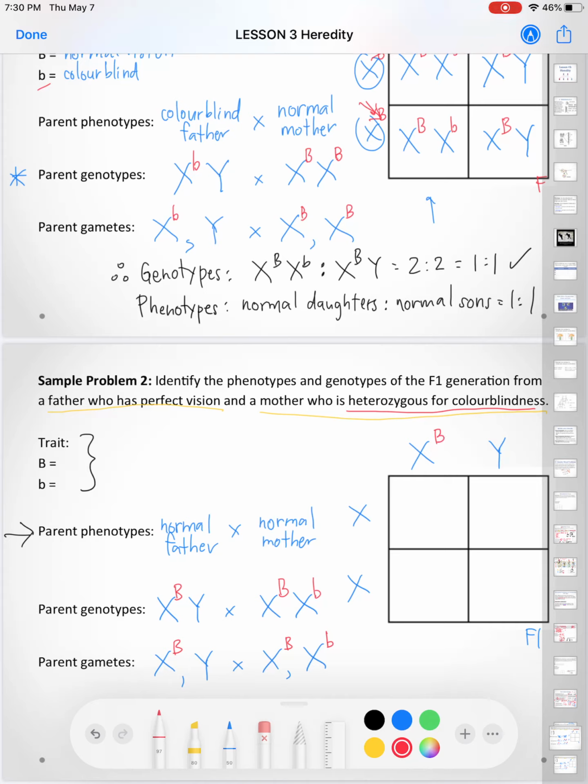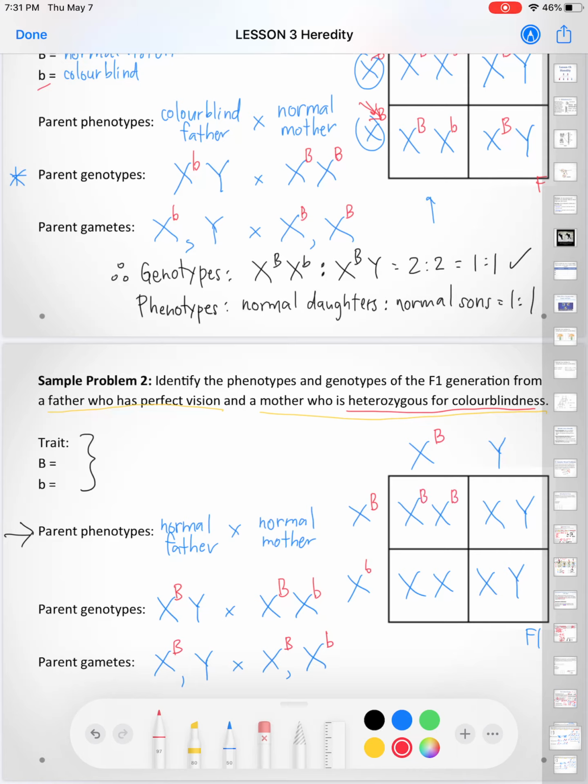So the father is healthy, the dominant B, and the mother is heterozygous, which means she has one of each. Okay, so we'll put in our offspring X's and Y's, and then we'll assign the B's.